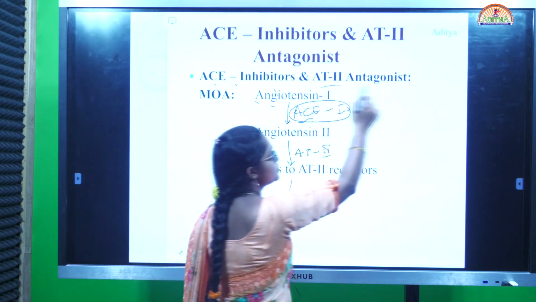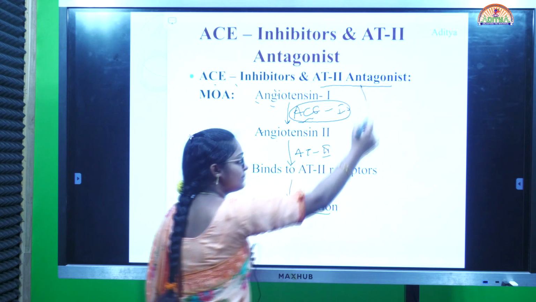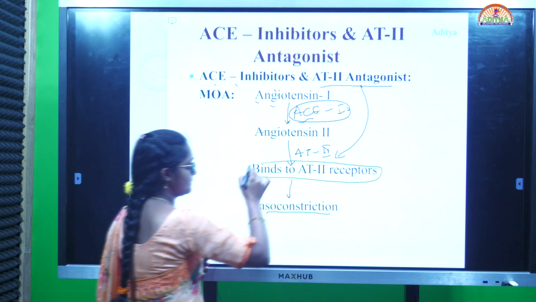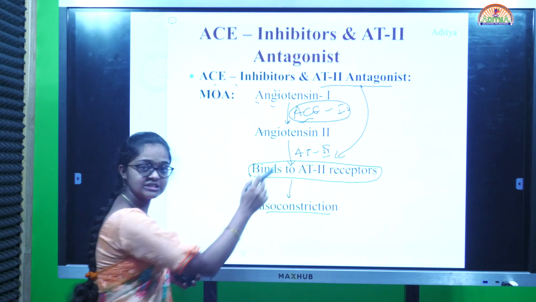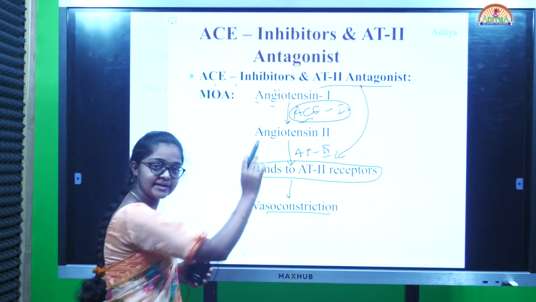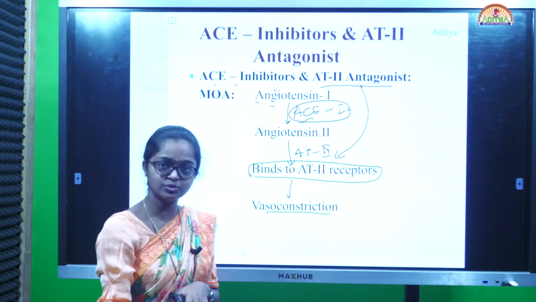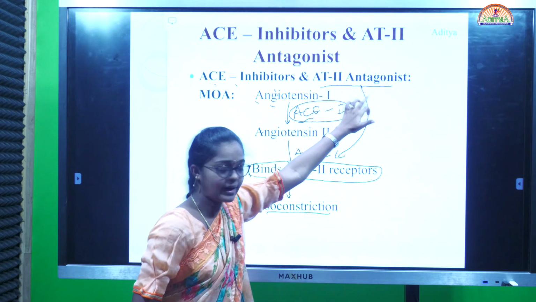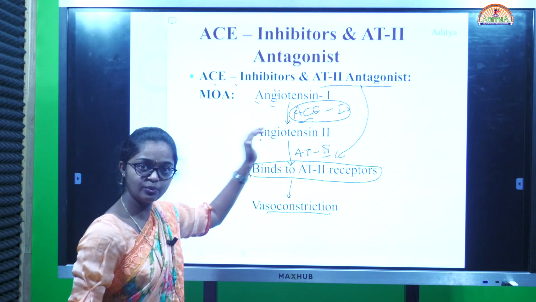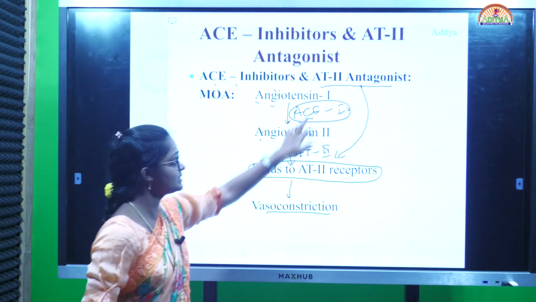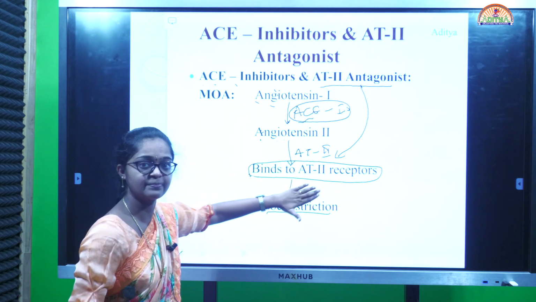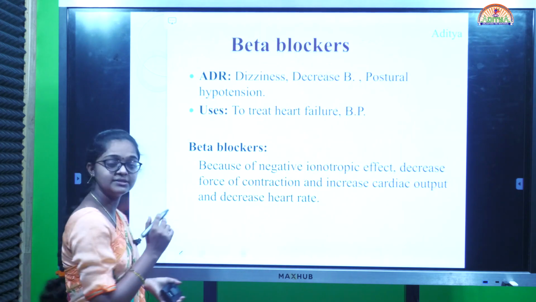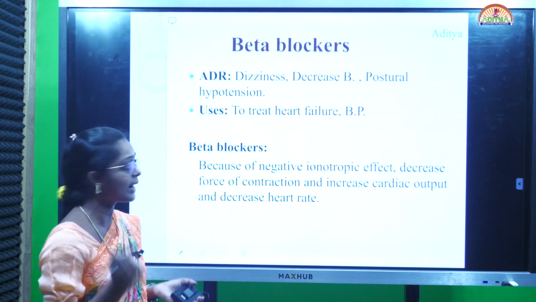Next, angiotensin 2 antagonists bind to the angiotensin 2 receptors, so angiotensin 2 cannot bind. Angiotensin 2 binds to its receptors, but these drugs inhibit the binding. So there is no vasoconstriction. This is the mechanism of action of ACE inhibitors and angiotensin 2 antagonists.